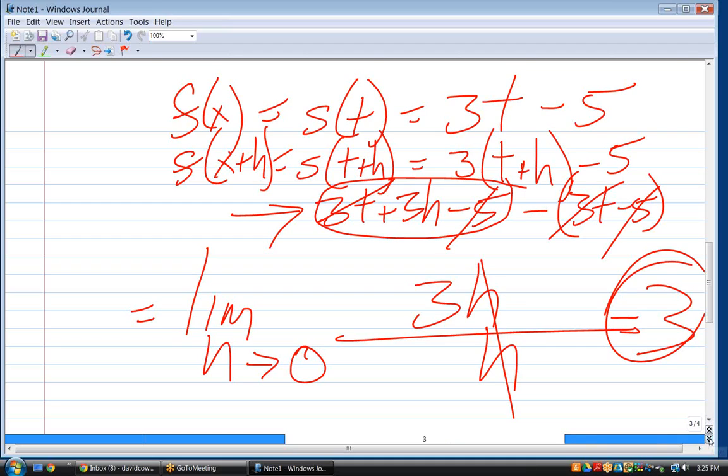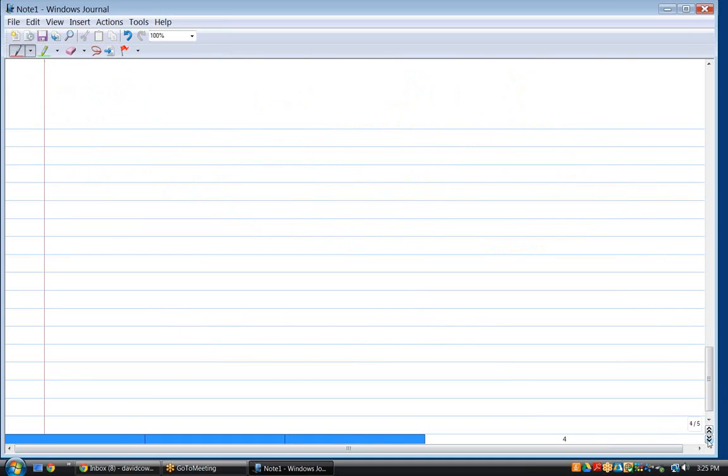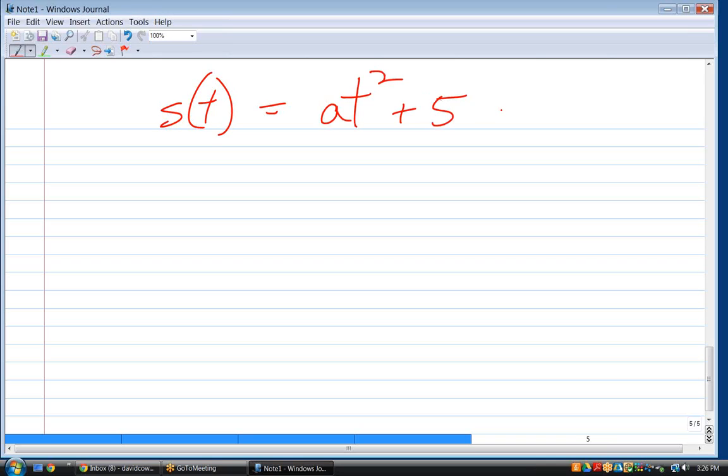Okay, well then the next one has s of t equals at squared plus 5, and then at t equals 2.